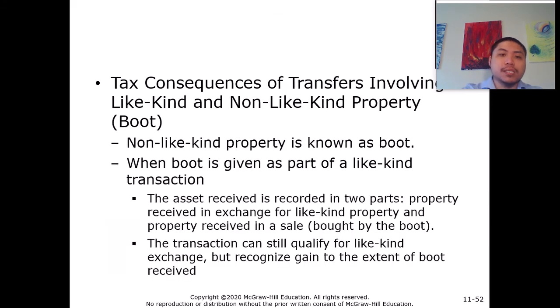But when there's boot involved, the value of the two pieces of land is going to be different. That's why there has to be some other property thrown into the transaction for the exchange to happen. Boot can take many forms. It can be cash, it can be some piece of personal property, or it can be another piece of real property.